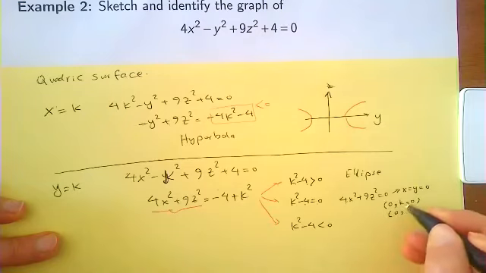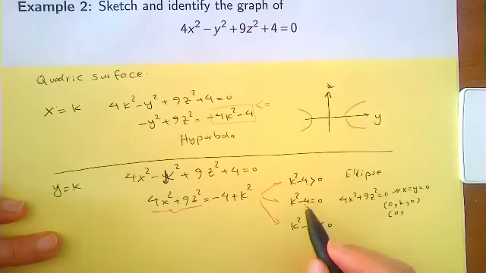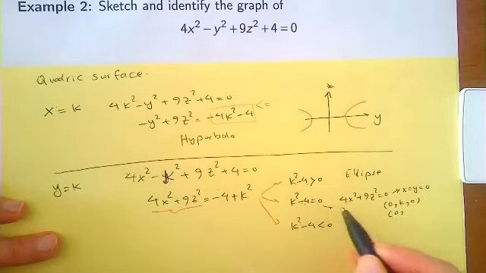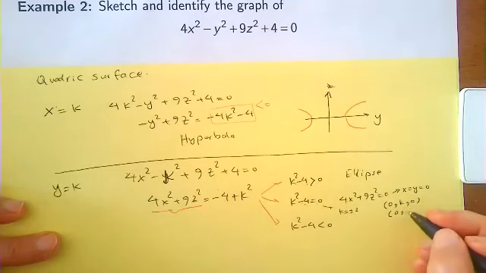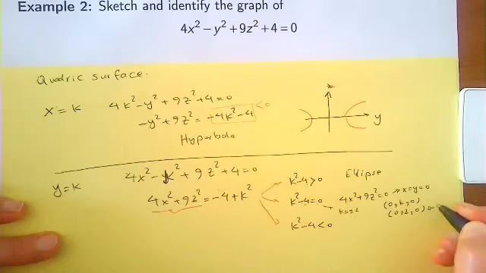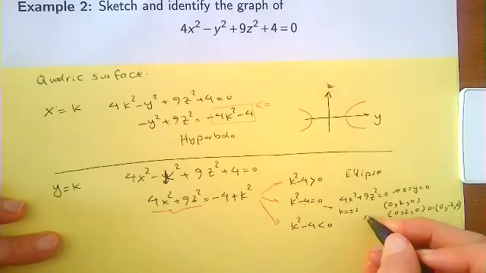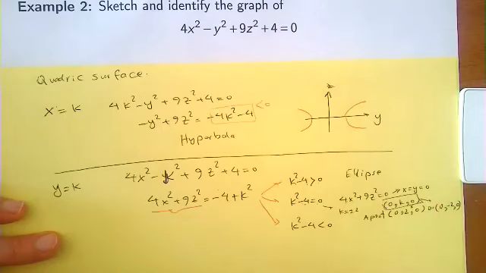And so I have to figure out what the k is. Solving from there, k is going to be plus or minus 2. So I either have 0, 2, 0 or 0, negative 2, 0. So a point.